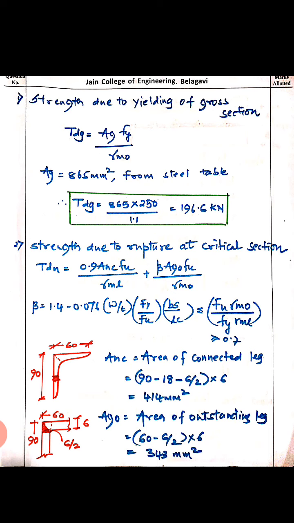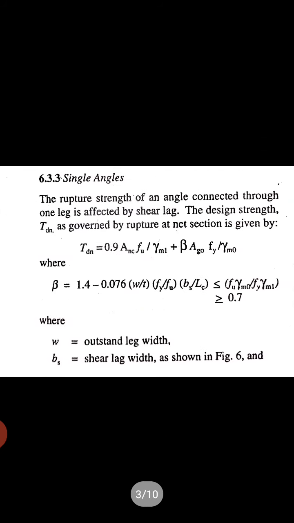For an angle section the formula is given as per the code, clause number 6.3.3 for single angles. TDN is equal to 0.9 ANC Fu upon gamma ml plus beta AGO Fy upon gamma m naught.